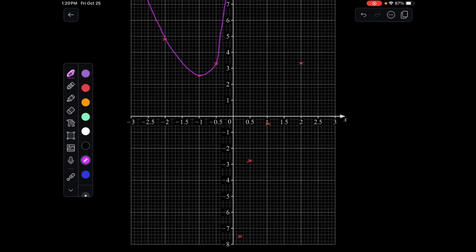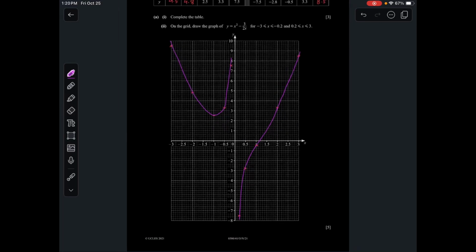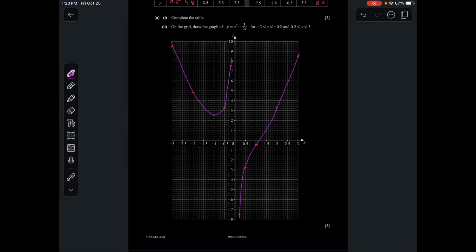Connect these points with a smooth curve. Again, you cannot use a ruler here. It has to be a smooth curve passing through all the points. Once you have done that, you should score the full marks.